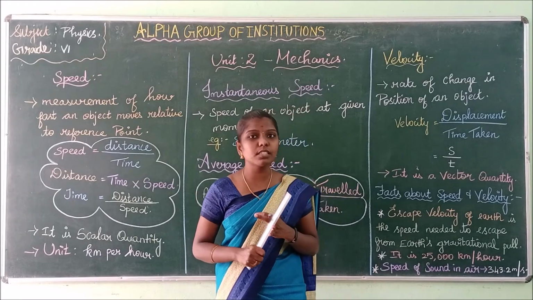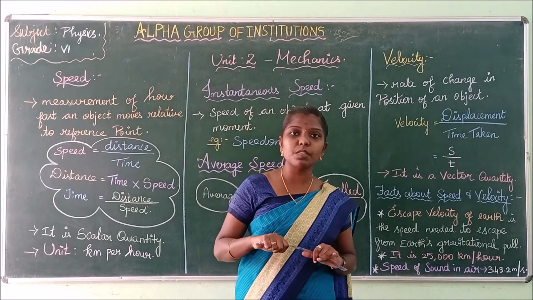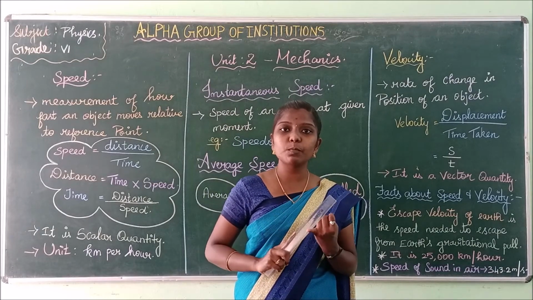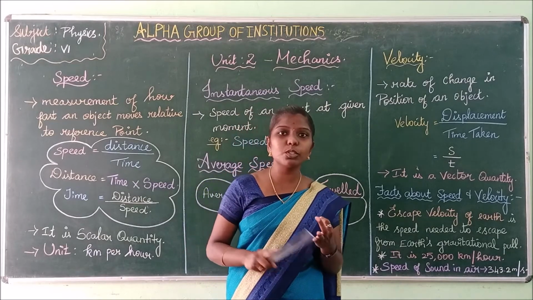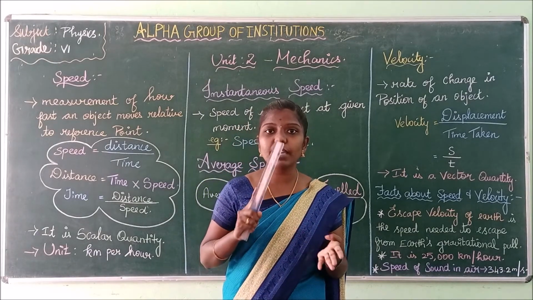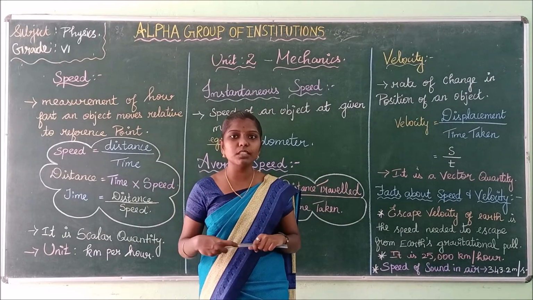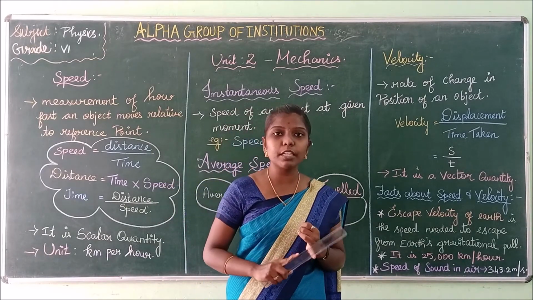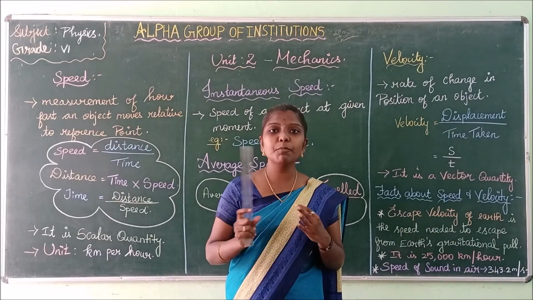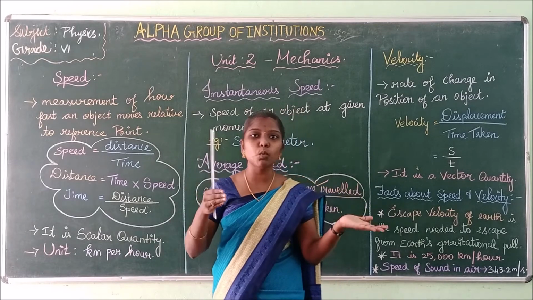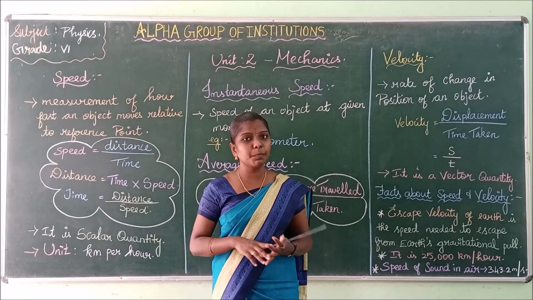Then we have seen various types of motion: random motion, translational motion, rotational motion and oscillatory motion. Translational motion is further divided into rectilinear motion, curvilinear motion and circular motion. Then we have seen what is distance and what is displacement, and we have solved a problem based on distance and displacement, right?